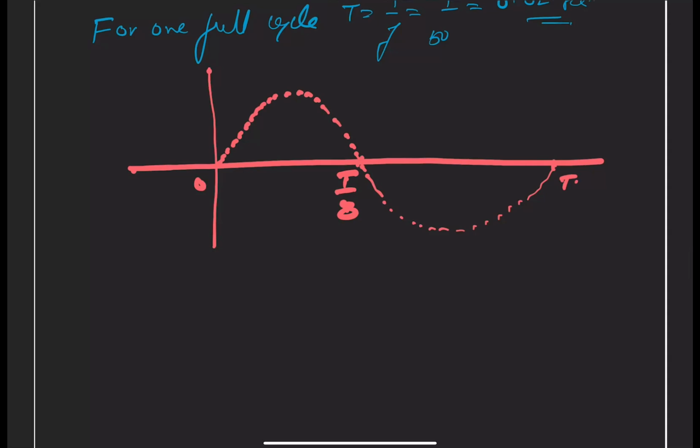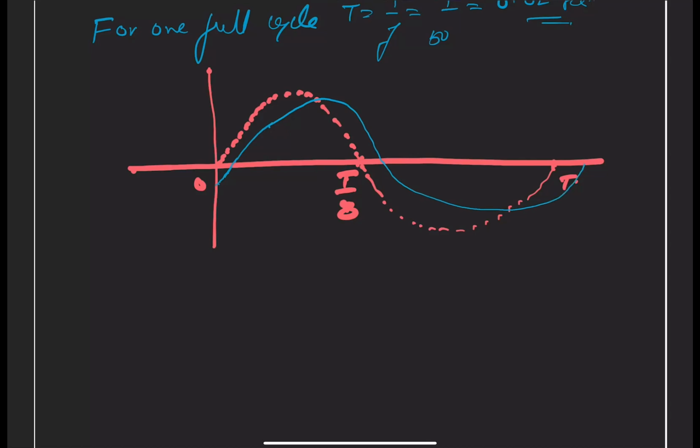We can just make a lag of 45 degree, so approximately the current is going to start from here and, producing a lag of 45 degree, go like this.